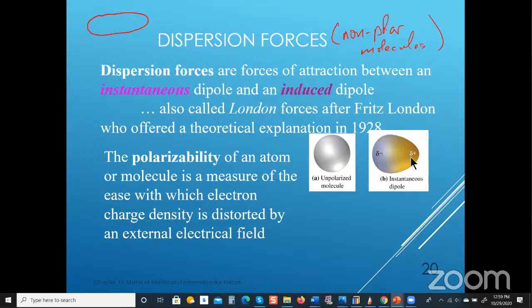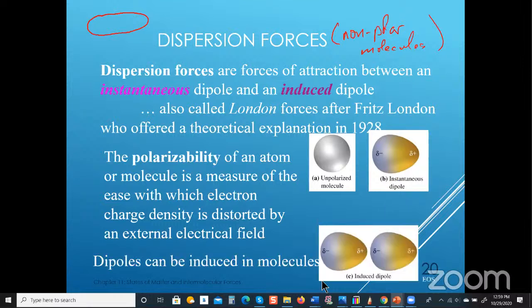So you'll have the displacement of the electrons to one side of the molecule such that one end is partially negative and the other end is partially positive. When that happens, that will induce a dipole in another molecule that's next to it. So basically, once you have an instantaneous dipole formed on one molecule, that would cause another instantaneous dipole to be formed on an adjacent molecule.